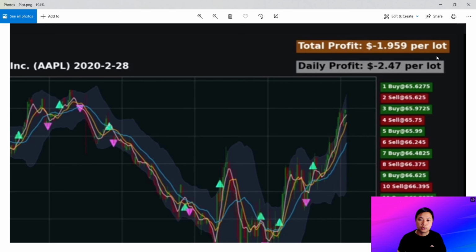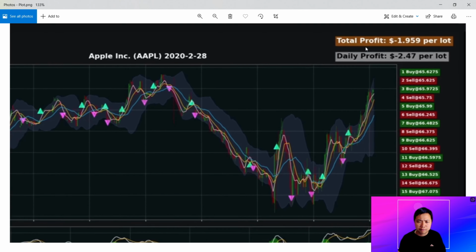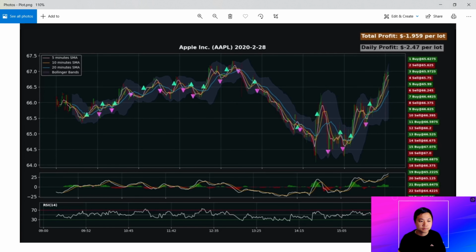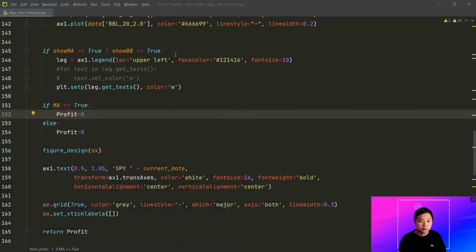So for example, if you have 10 trading days, then that is the total profits for the 10 trading days. It will add up all these results together, and show you the total profits for your backtest data. And that is what I want to show. So first, let's build this scatter buy sell signal.